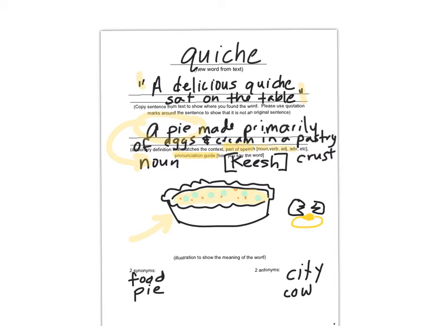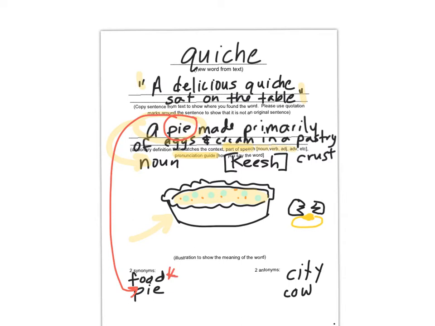So synonyms, the definition says it is a pie made primarily of eggs and cream. So because it's a pie, the word pie can be a synonym. Because a pie is something that we eat, it can also be considered food.